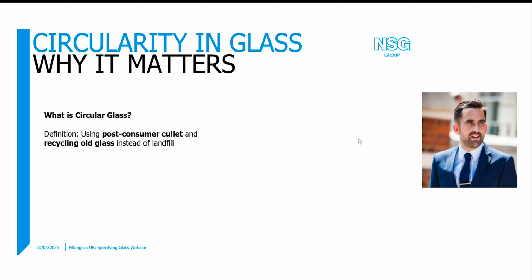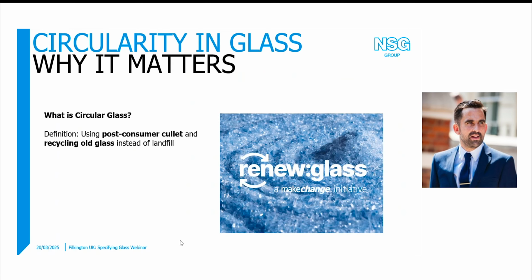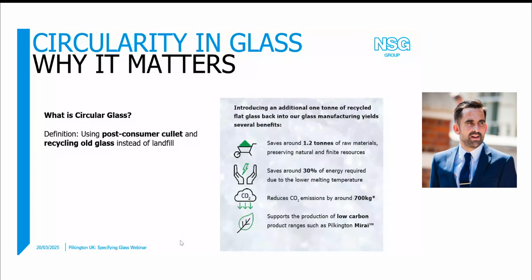What we really look for with circular glass is post-consumer. So what we're really looking for here is end-of-life building glass, to be able to source donor projects where there's glass that can be collected, cleaned and sorted through glass recycling and then delivered to us as cullet. We then reintroduce that into our production.